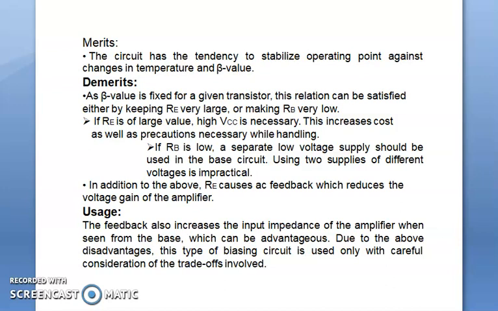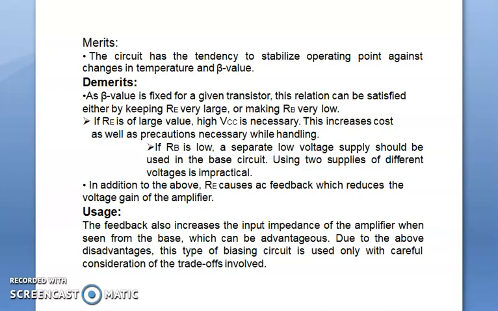And the disadvantage: as beta value is fixed for a given transistor, this relation can be satisfied either by keeping RE very large or making RB, that is the base resistor, very low. If emitter resistor RE is of large value, high VCC is necessary.